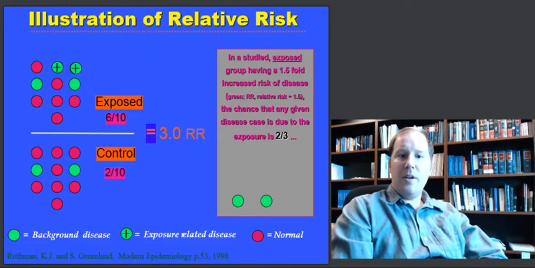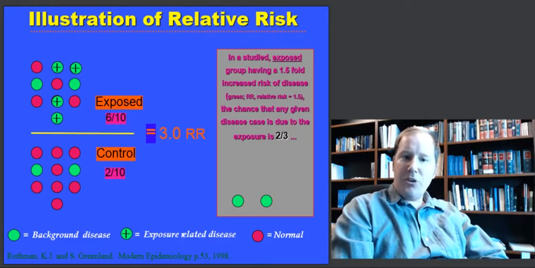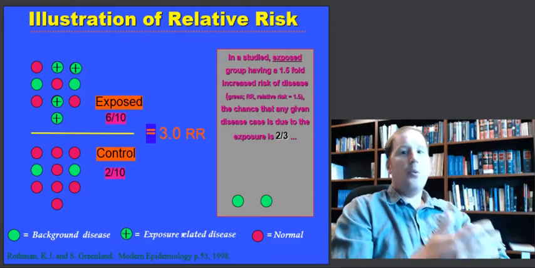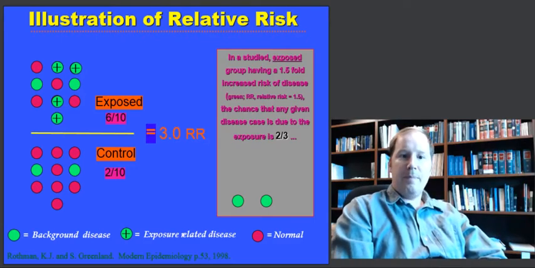Watch. 1, 2, 3, and 4 in the exposed group now have an exposure and also contract the effect that we're looking at. Cancer, terrorist attacks, horse tramplings, alien abductions, whatever it is we want to talk about.